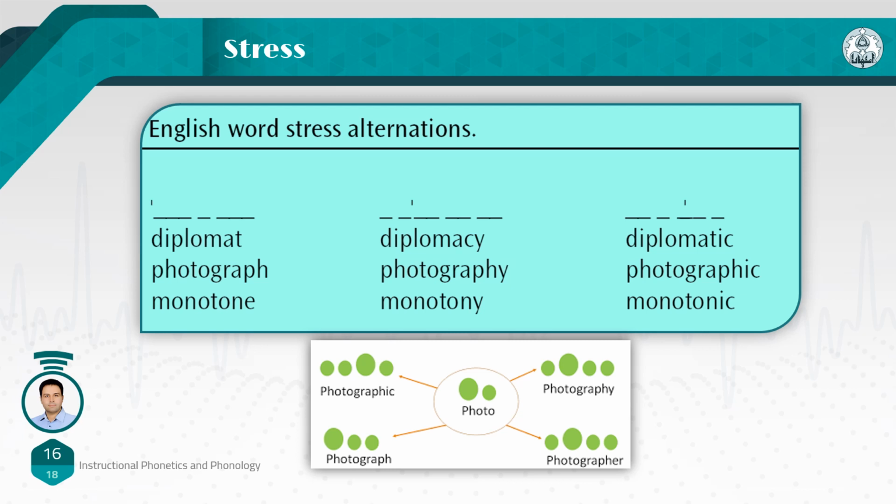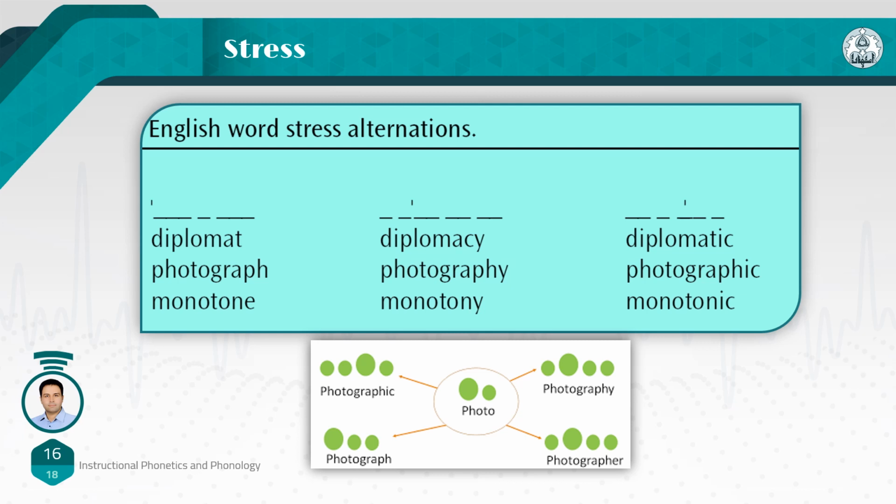But as you can see in the third column, the adjectival suffix ic, this is an adjectival suffix, moves the stress to the syllable immediately preceding it, which in these words is the third syllable. Diplomatic, photographic, monotonic.